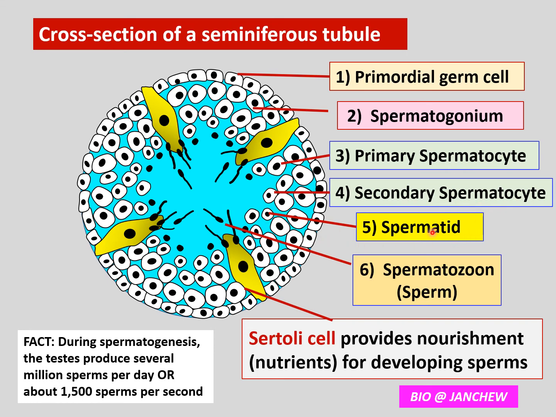And finally, spermatids undergo differentiation to form the spermatozoon or spermatozoa or sperms. And Sertoli cells provide nourishment or nutrients for developing sperms. Now here's a fact. During spermatogenesis, a pair of testes will produce several million sperms per day, or about 1,500 sperms per second.